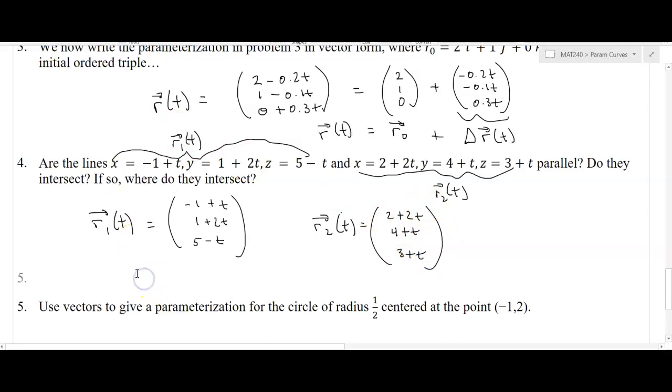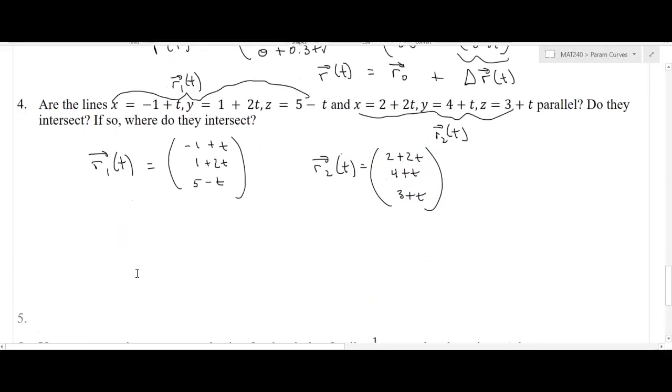Great, so now I just need to check if they're parallel. If they're parallel, that means every time t increases by 1, x, y, and z should increase by the same amounts. If I think about what that might look like in three-dimensional space, these particles are moving along a straight line. So if this vector starting here was moving along that position, and this vector over here was also moving along that same position, with the change in x, the change in y, and the change in z all the same, then I could say they're parallel.